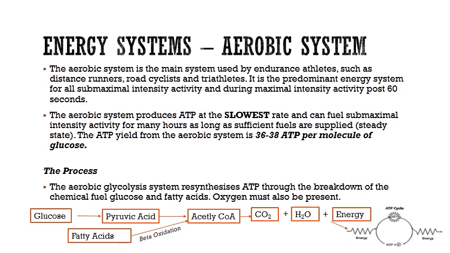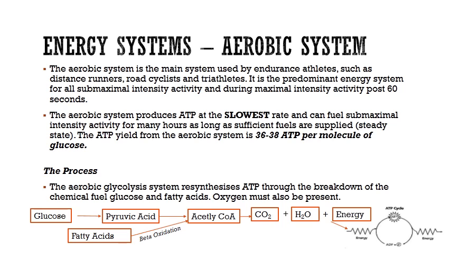So any activity that lasts for more than 60 seconds, continuous duration, if it lasts for 70 seconds, then you're going to be saying your aerobic energy system is your predominant energy system.